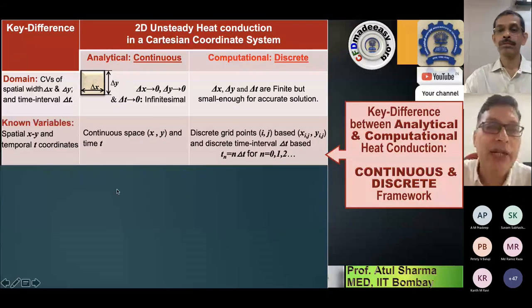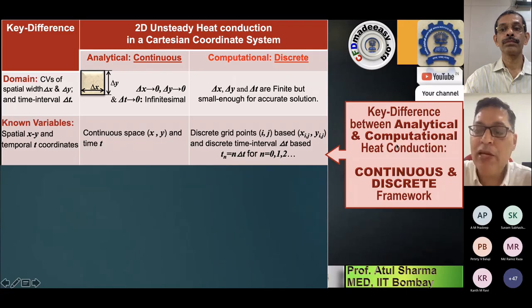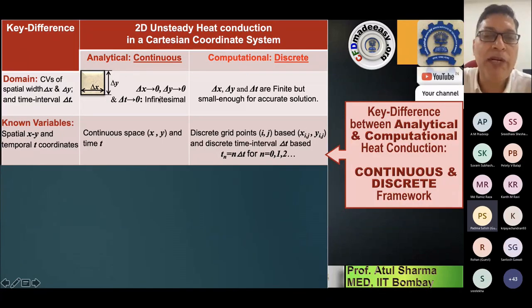Now I'll highlight the key difference between the analytical and the computational approach followed in fluid dynamics. I am presenting here the specific case of heat conduction, the key difference between analytical and computational heat conduction. In both cases, you take a control volume, but in the analytical approach, you apply the limit delta x, delta y, delta t tends to 0, so you consider the control volume as infinitely small.